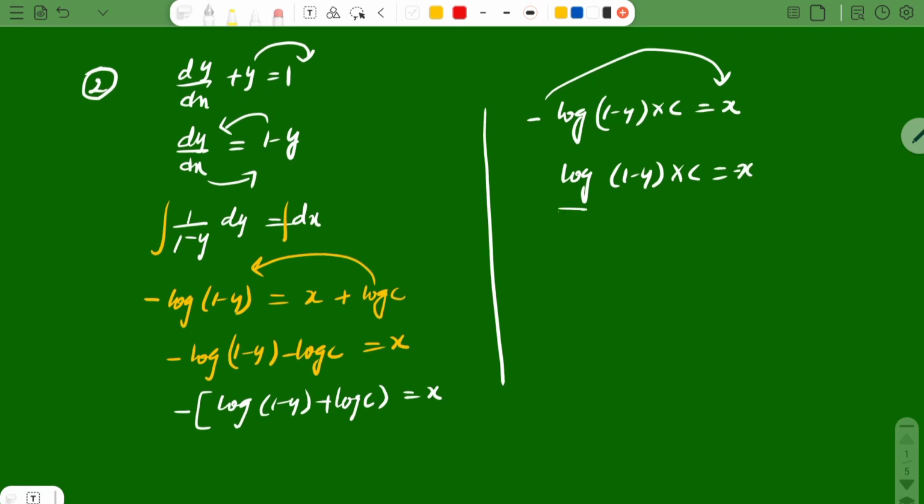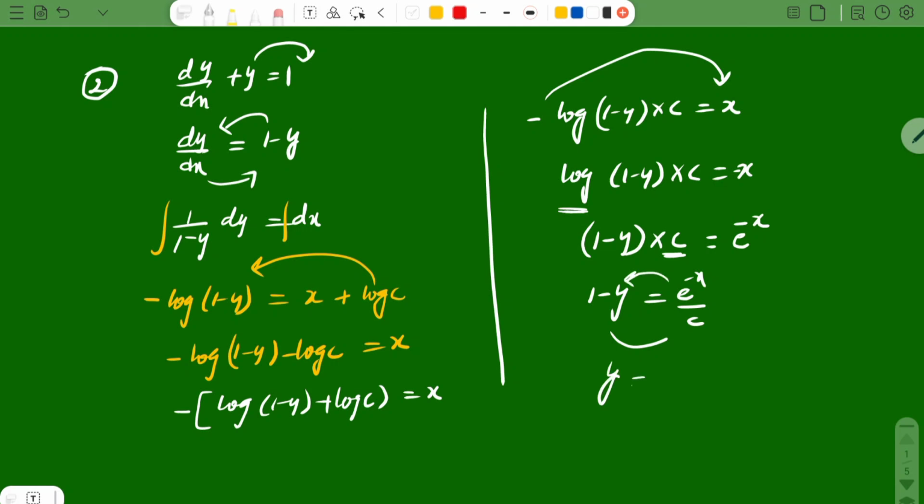To remove the logarithm, I'll take the anti-logarithm: if I remove the logarithm on the left-hand side, I have to give the exponent to the opposite side. So 1 minus y is equal to e power minus x divided by constant. Finally, we require y, so sending to the opposite sides, we get y is equal to 1 minus e power minus x by constant.